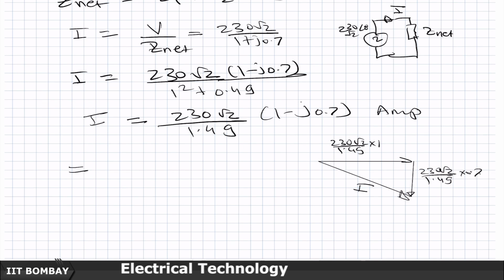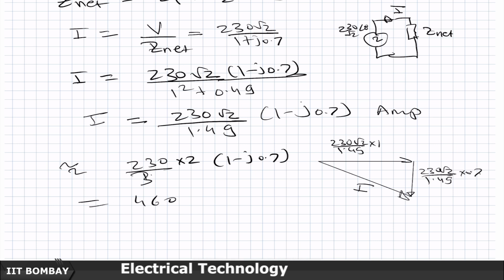So, you can approximate this. I will just do an approximation of this. I will take the denominator to be 1.5, so 1.5 will be 3 by 2 into 1 minus j 0.7.